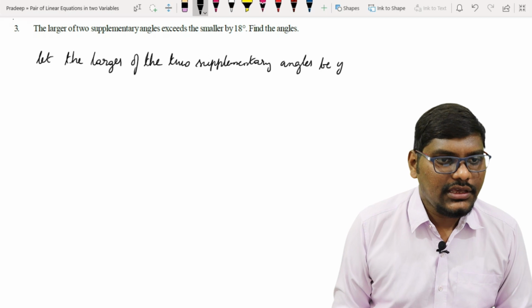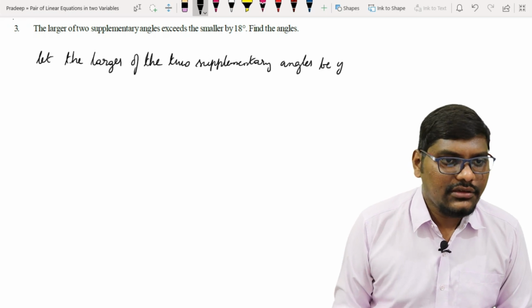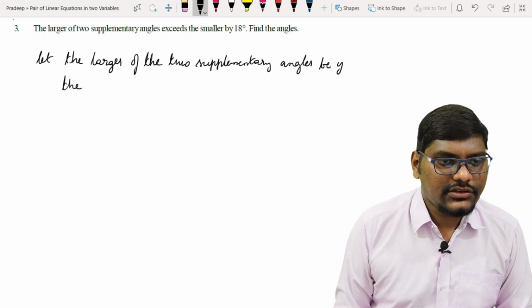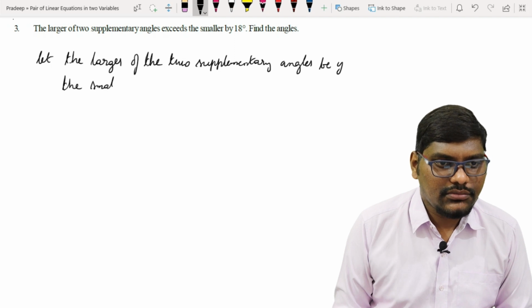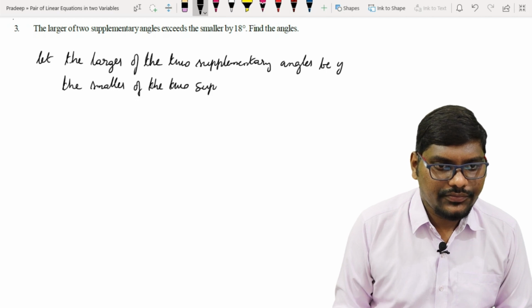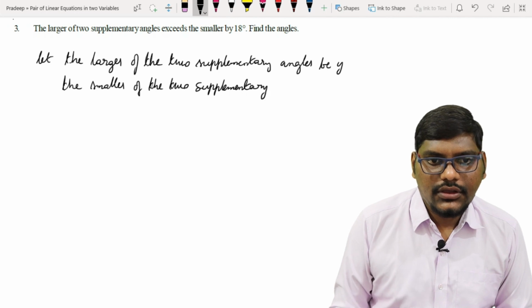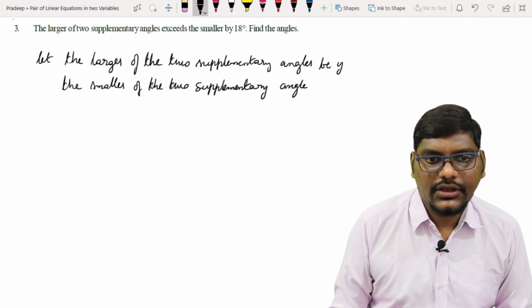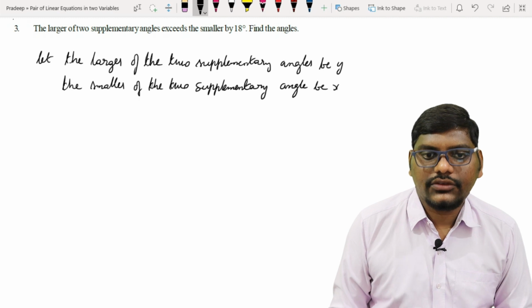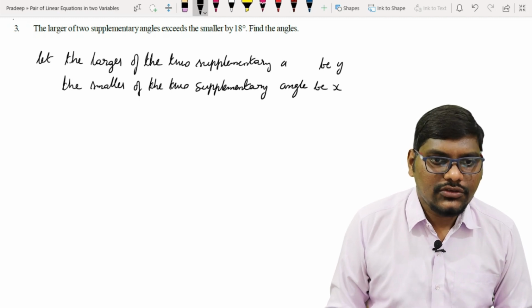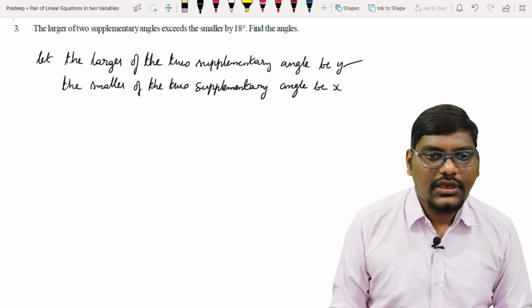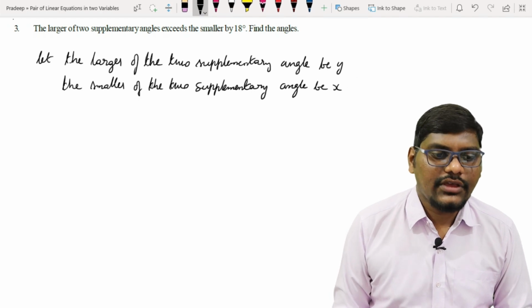We can take anything. The larger I am taking as y, and the smaller I'll take as x. Let the smaller of the 2 supplementary angles be x.